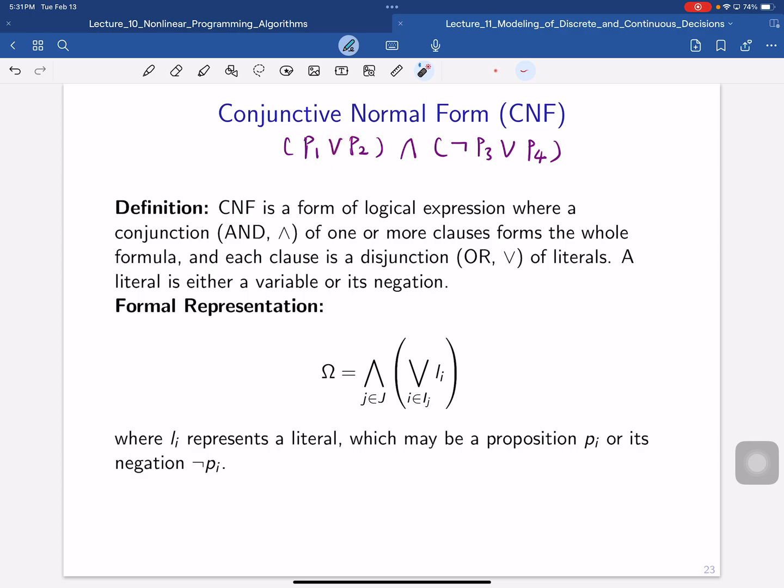Each of these literals can be either a proposition Pi or its negation. For example, here I have the negation of P3. So that's what it means to be a conjunctive normal form. You have the AND operator outside the parenthesis, and within the parenthesis, you can have an arbitrary number of OR operators.